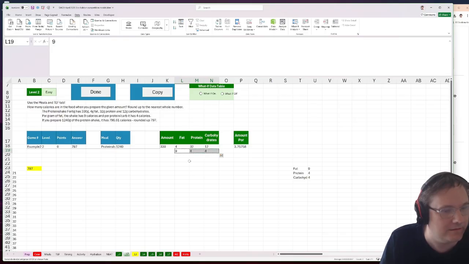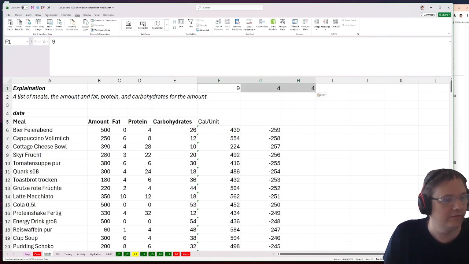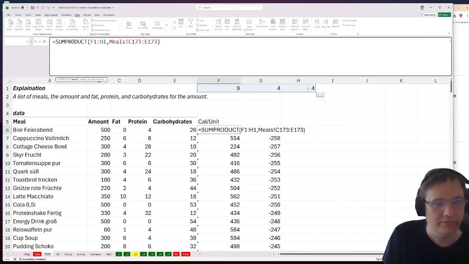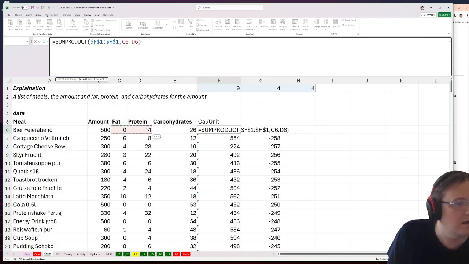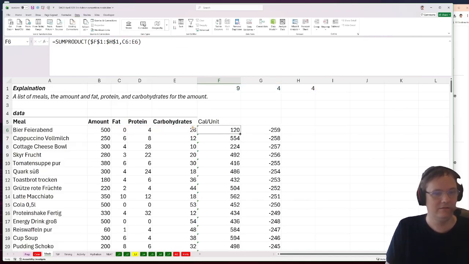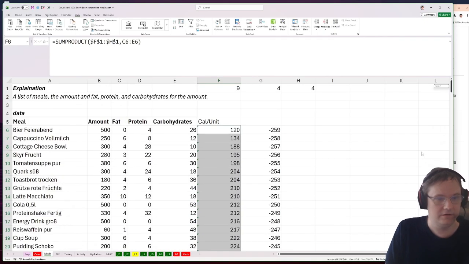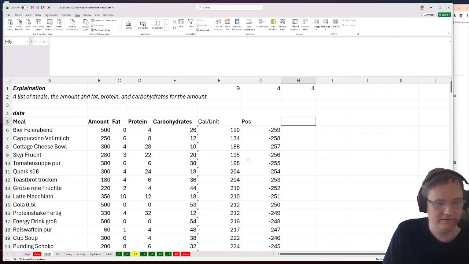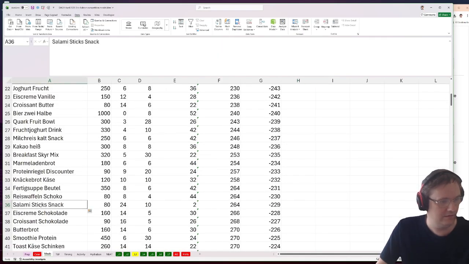All right, so calories per unit is this locked times this not locked, right? Now they're in the right order. Position negative, it's there. This should be fine, right?